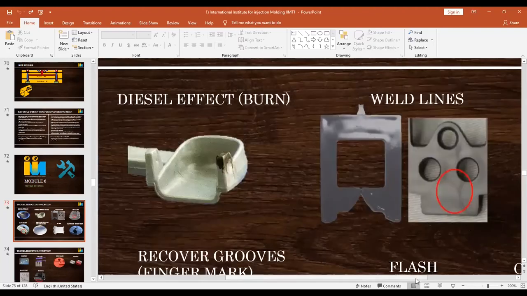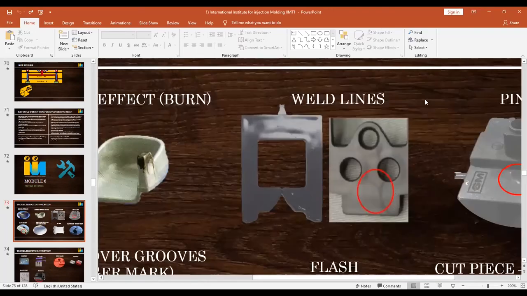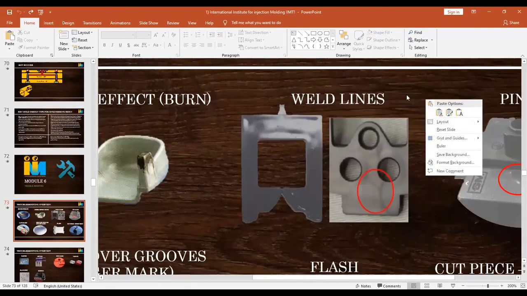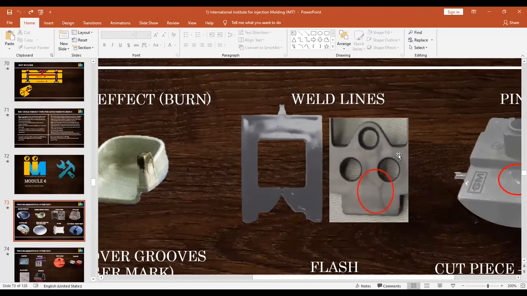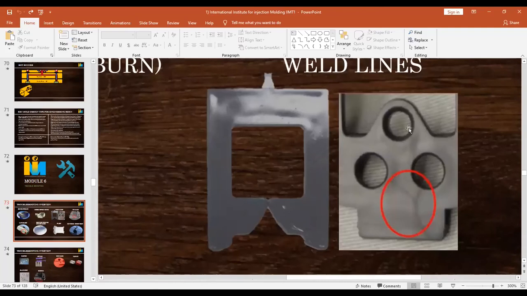And the third one is a weld line. This is a weld line. Okay, weld line means two plastic flows come together, especially if there is some projection or something in the part. See, in the center we can see a projection.